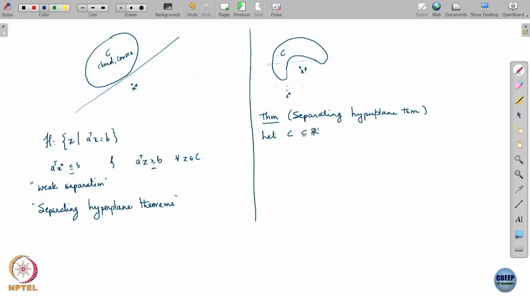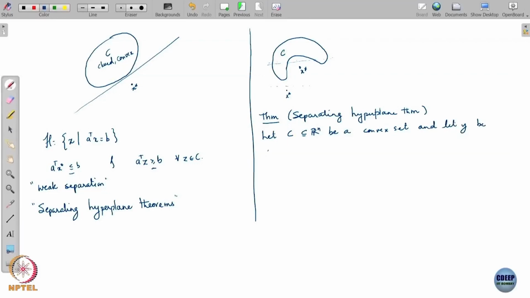Let C subset of Rn be a convex set, and let Y be a point in the exterior of C bar. C bar is simply the closure of C.